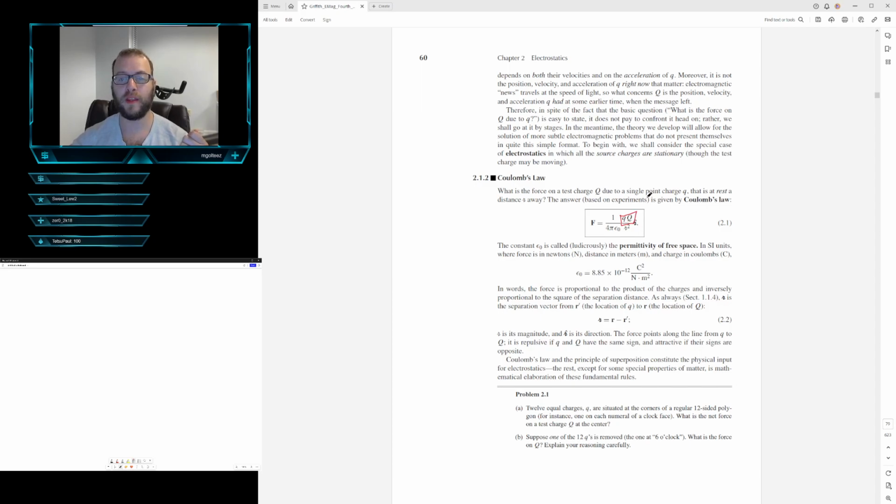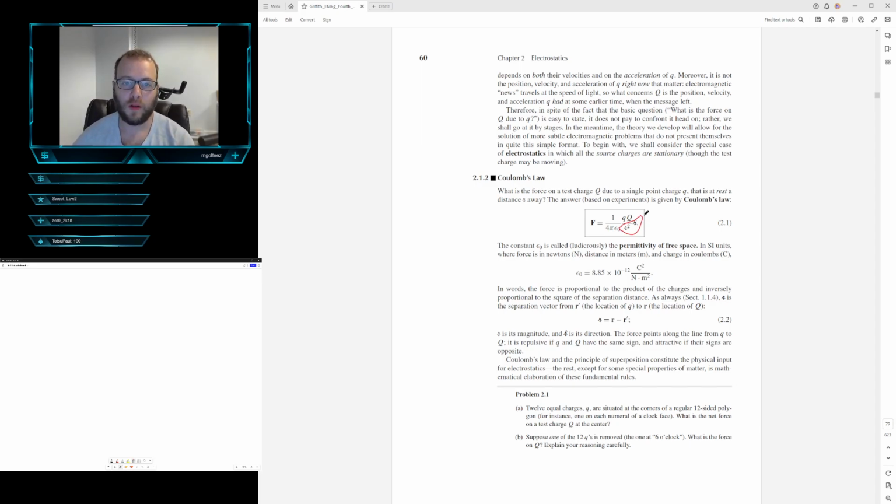So the force is directly proportional to the size of the charges, the strength of those charges. And finally, we have the r hat over r squared term.